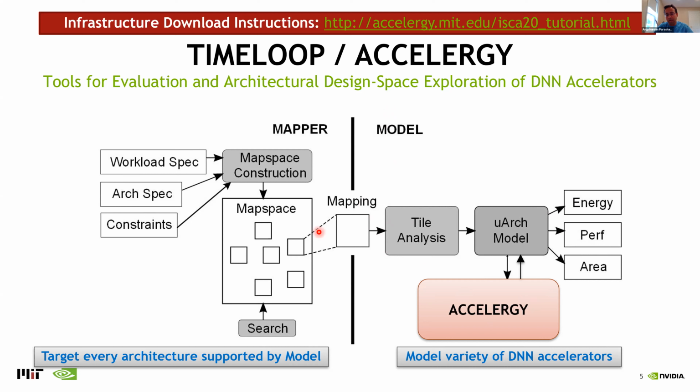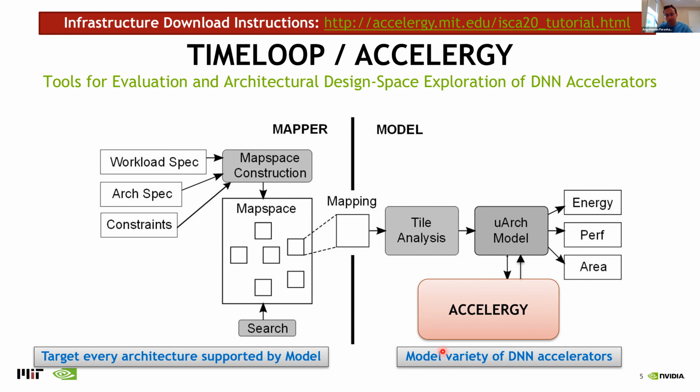And the job of the mapper segment is to find all of the different mappings that are legal for that workload on that architecture, explore that space of mappings in some way, and tell you what an optimal mapping is. That optimal mapping is the one that needs to be evaluated on the hardware to give you an accurate estimate of how the workload would behave on that hardware.